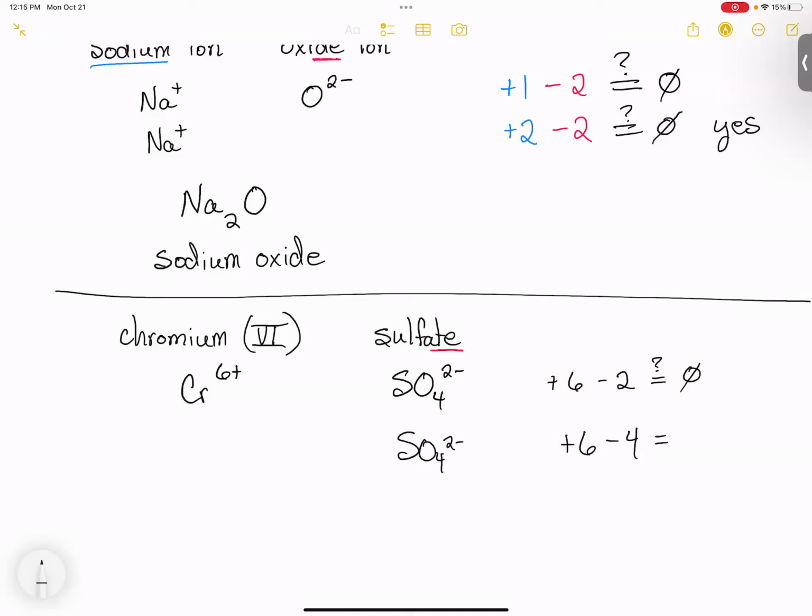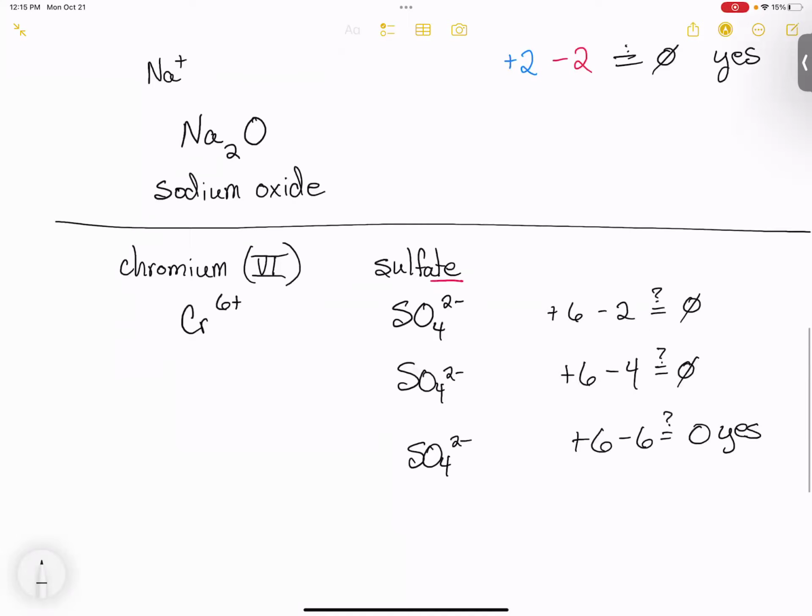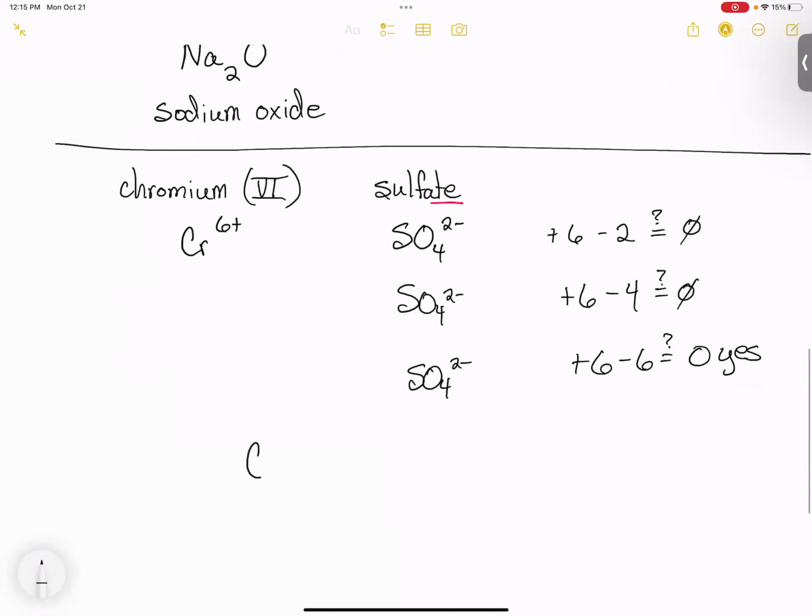Does that equal 0? No. Which is in the lowest supply? The anion. So we add another anion and we get +6 -6. Does that equal 0? Yes. So this takes 1 chromium, but it takes 3 sulfates.